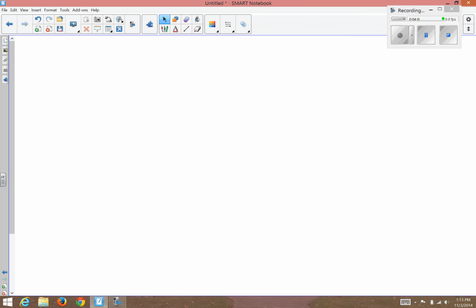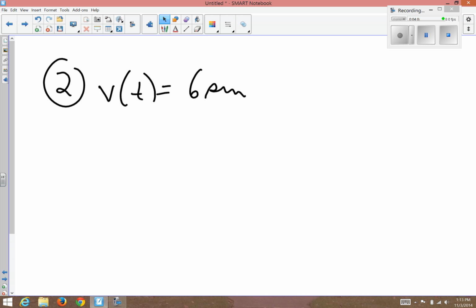So we're going to start exercise 2 over again. Velocity as a function of t is given. It's 6 sine 3t. T is between 0 and 2 pi. I mean, t is between 0 and pi over 2.